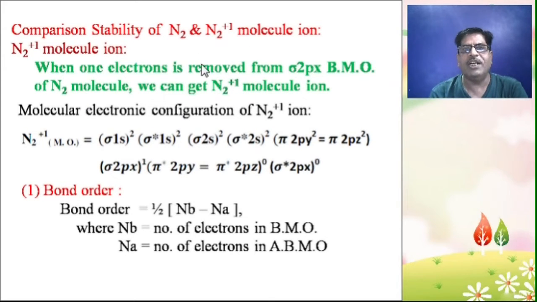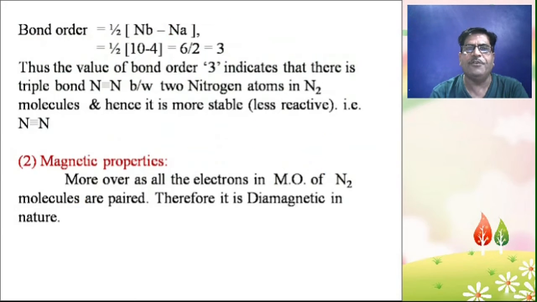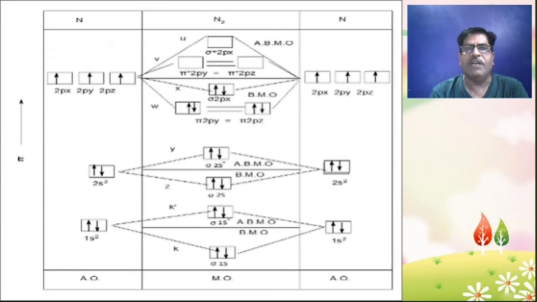So let's see the MO of N2. Here one electron of sigma 2px is removed. Therefore the N2 plus 1 molecule ion is formed.